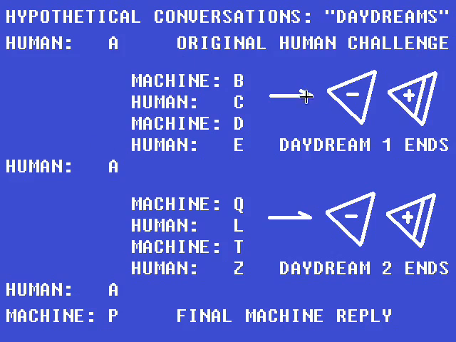and do triangulation based on them. And in the end, it might give you a different reply than its original and naive reply without daydreams. Okay? If the machine had to answer you immediately, it would tell you B. But after daydreaming, so to say, potentially extending the conversation twice here, and doing triangulation, it is going to give you another reply, P. Each time a daydream ends, it returns to the original present, like, what's happening now, actually, okay?